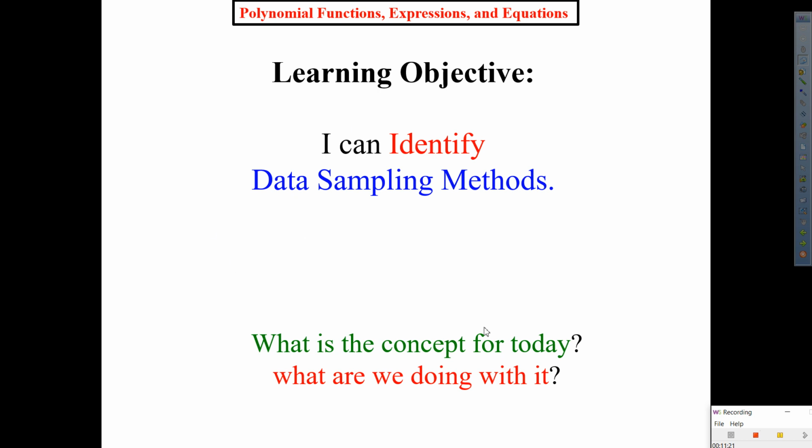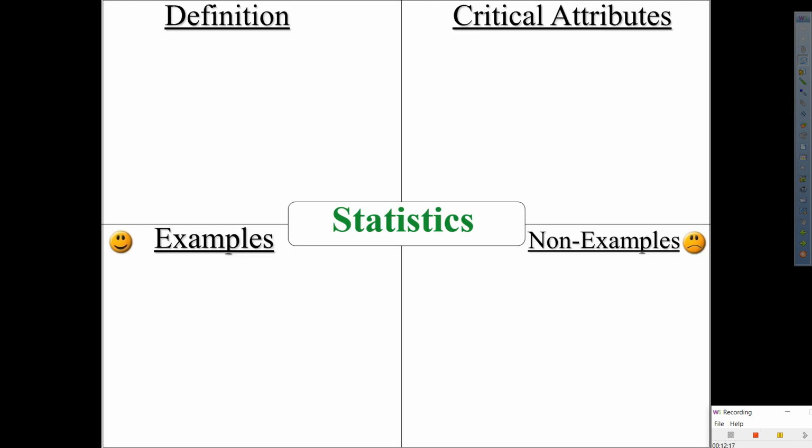So, without further ado, we are going to be looking at different data samples. But by now, you should know what statistics are. Tell your neighbor the definition for statistics.